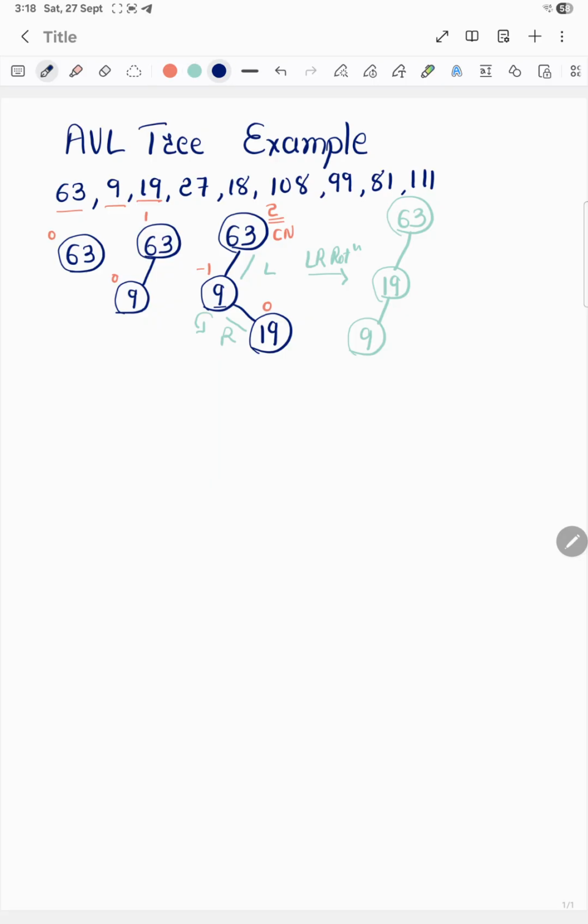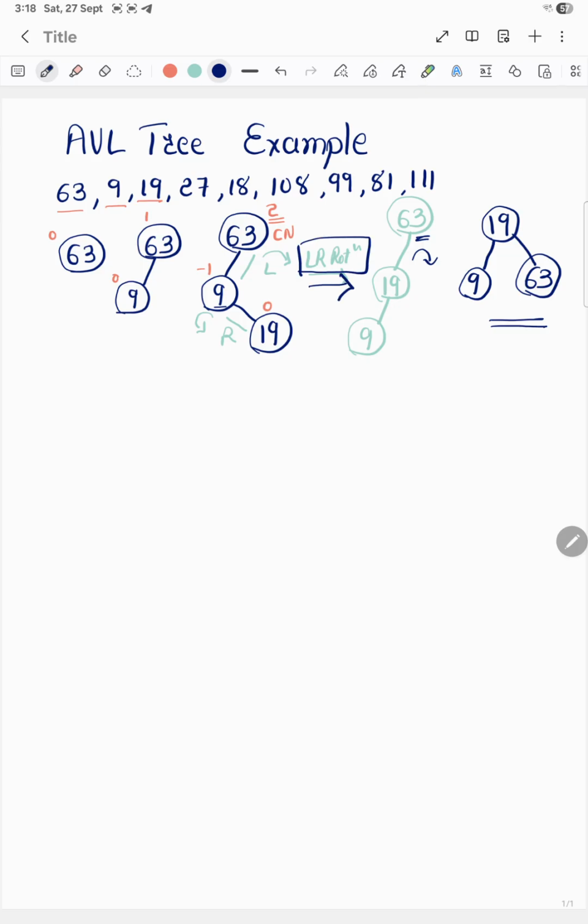After that comes the right rotation, in which I rotate my critical node, 63, towards the right. What I get is that 19 becomes the root, 9 becomes the left child, and 63 becomes the right child. This is what I get after LR rotation.